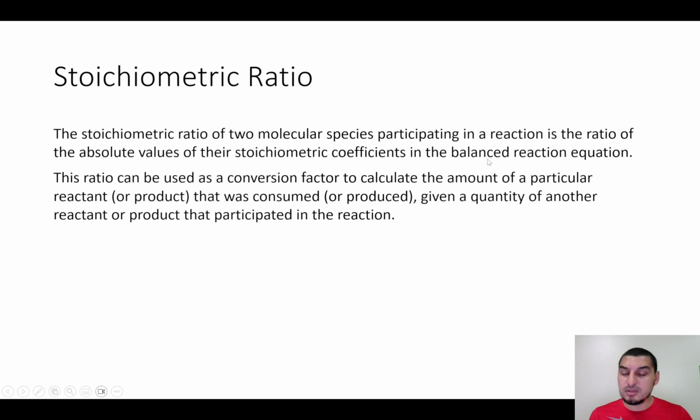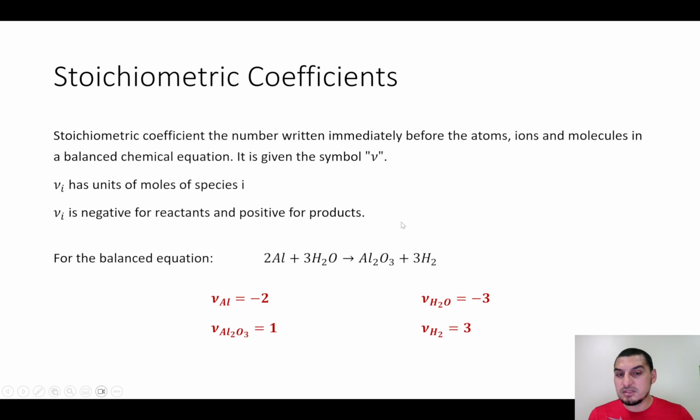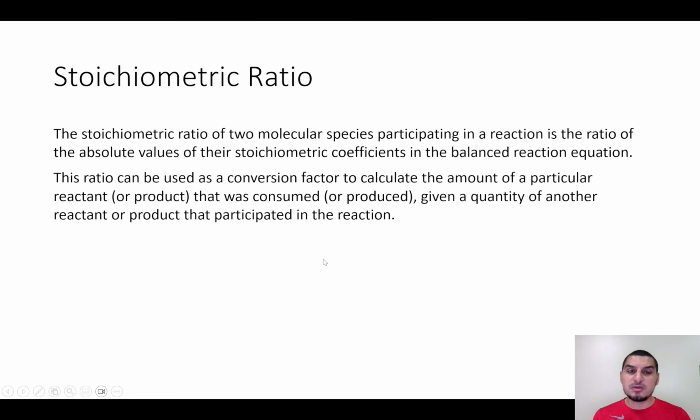So the ratio of aluminum to water is 2 to 3. This ratio is important because it can help us to calculate the amount of other reactants or products given one of the reactants or the products.